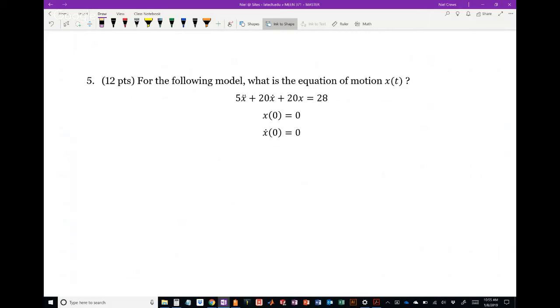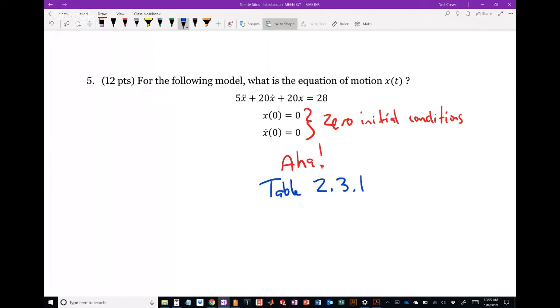Since we see that there are 0 initial conditions, we should say, aha! Table 2.3.1 is specifically for equations with 0 initial conditions.